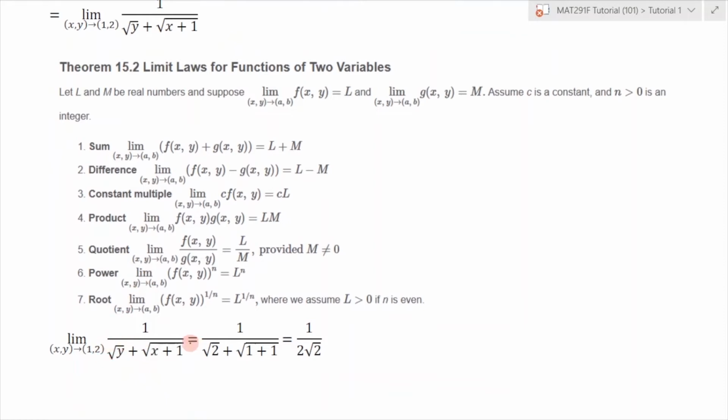So let me just plug in the values. You get 1 over square root of 2 for y plus square root of x plus 1, so 1 plus 1. So you see the denominator is not 0. So we get 1 over, this is also square root of 2, so we get 2 square root of 2. And that's the answer.